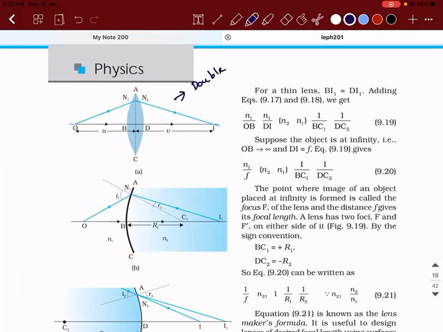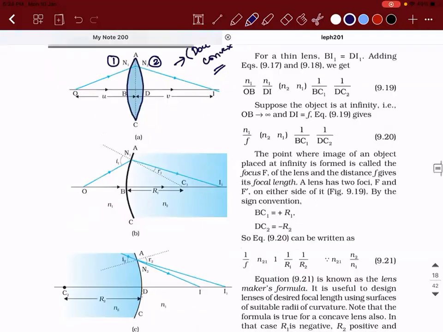This is a double, yes, you can call it biconvex or a double convex lens. So it is basically a refracting material where it has two curved surfaces, which I number as 1 and 2.